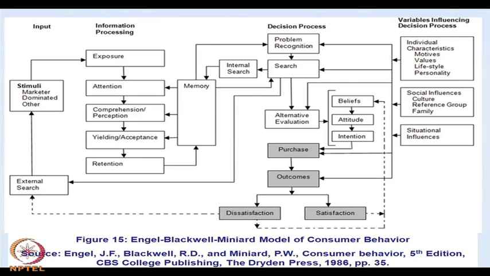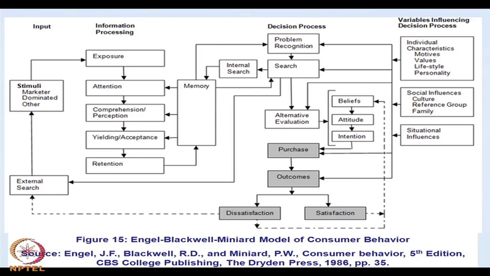After passing through these stages, the information goes into the memory. Then this information is stored in the memory as an initial influence on the decision making process or on problem recognition. So the next stage is the decision making process, where we start with problem recognition and there is a search for information. The consumer relies on his memory for the internal source of information.